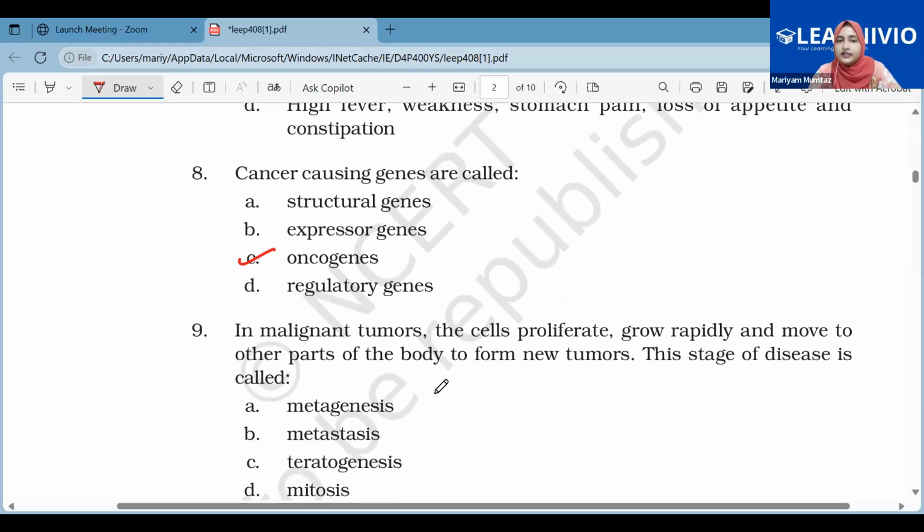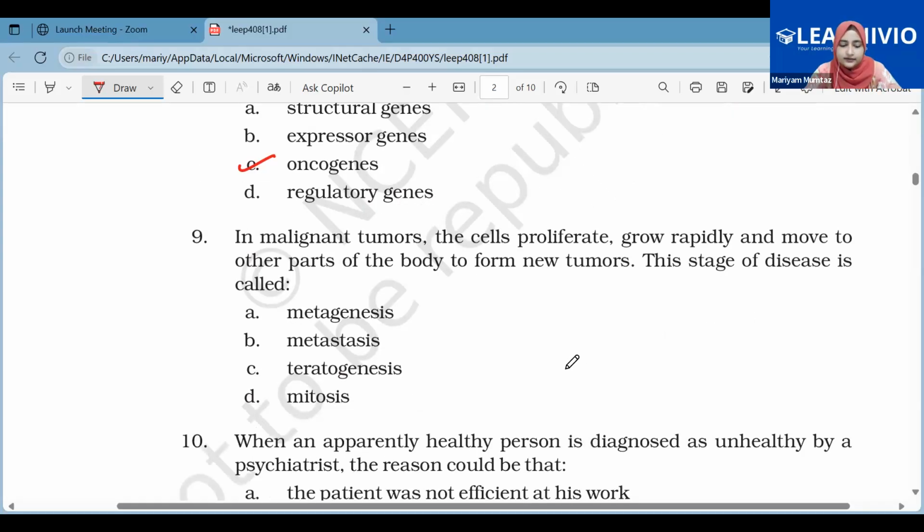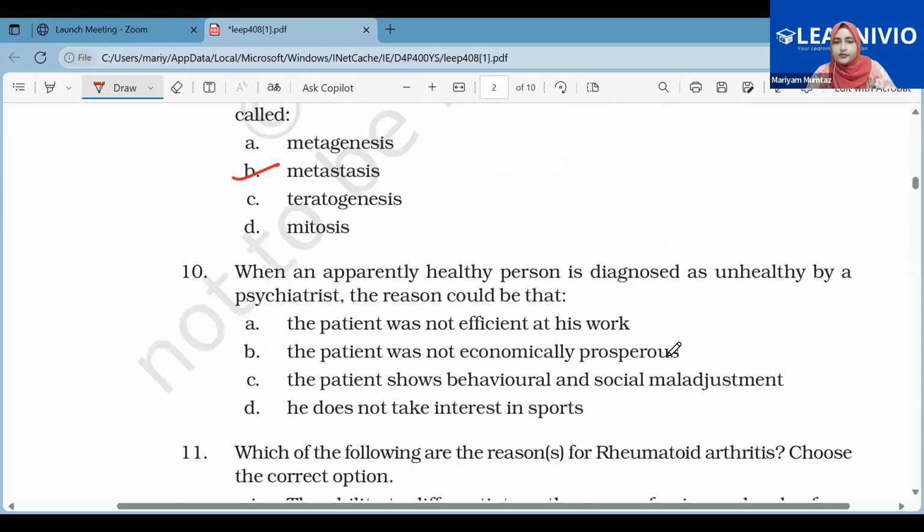So next, in malignant tumors, the cells proliferate, they grow rapidly and move to the other parts to form. This stage is called as. B. Very good. When an apparently healthy person is diagnosed as unhealthy by a psychiatrist, the reason could be.